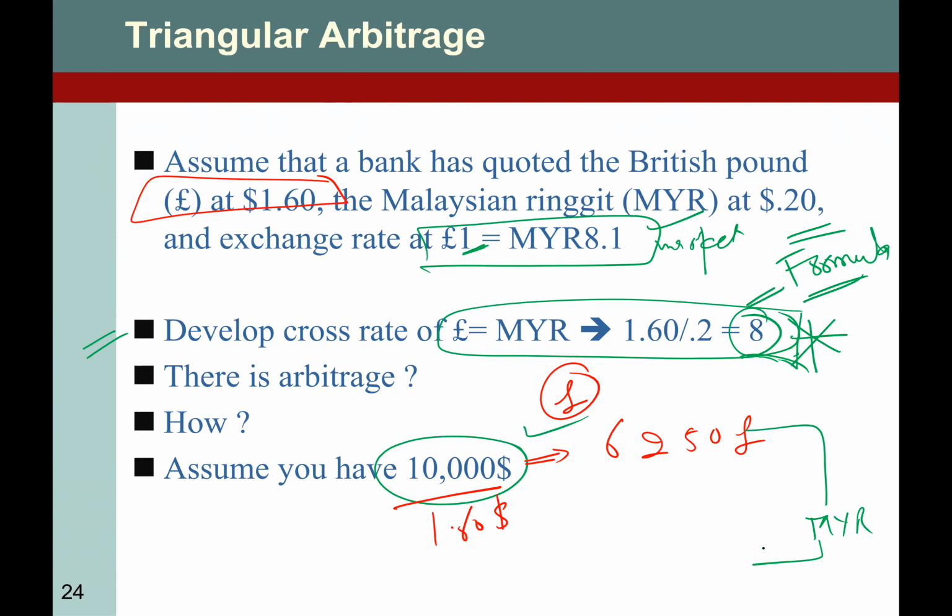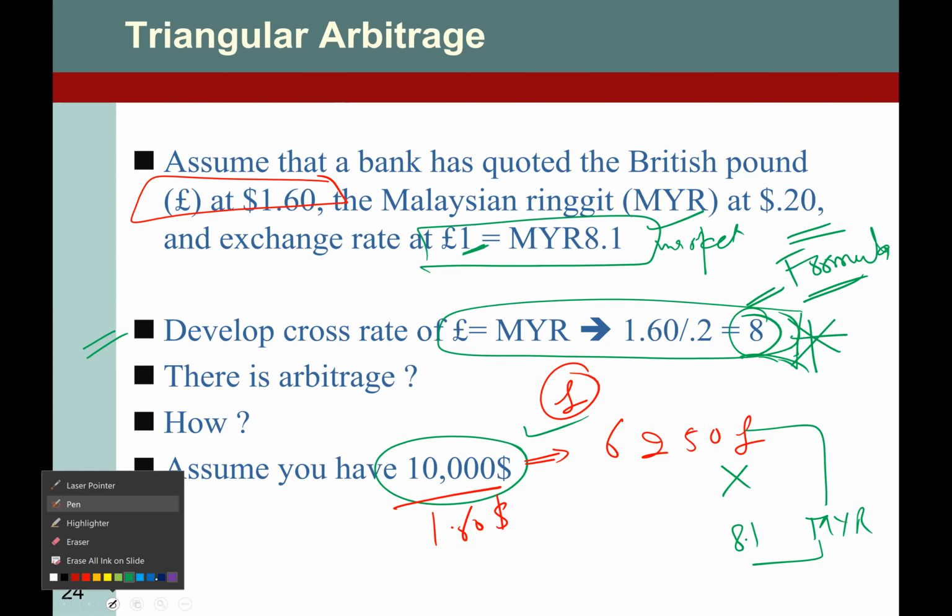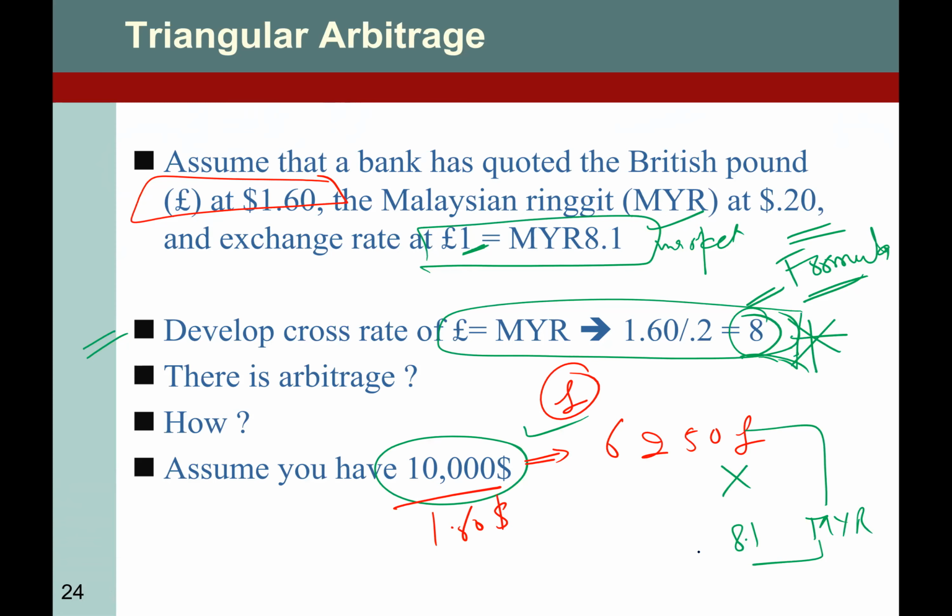How much? You convert pounds by multiplying with this rate: 6,250 multiplied by 8.1. The answer is you will have 50,625 Malaysian ringgit.